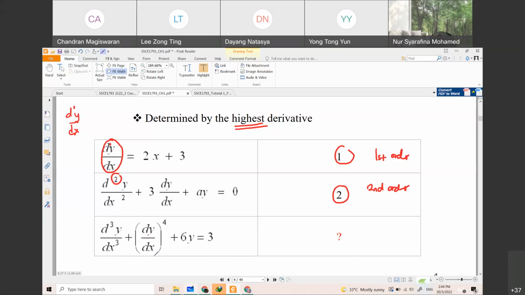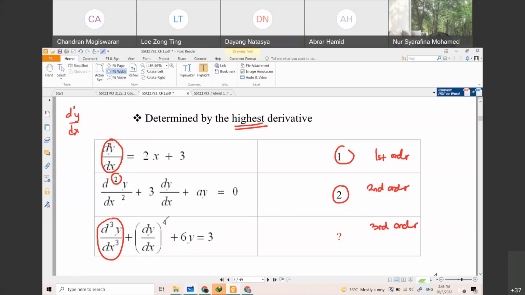So which one is higher? Not 4, this one. You differentiate thrice, three times. So the order is third order.